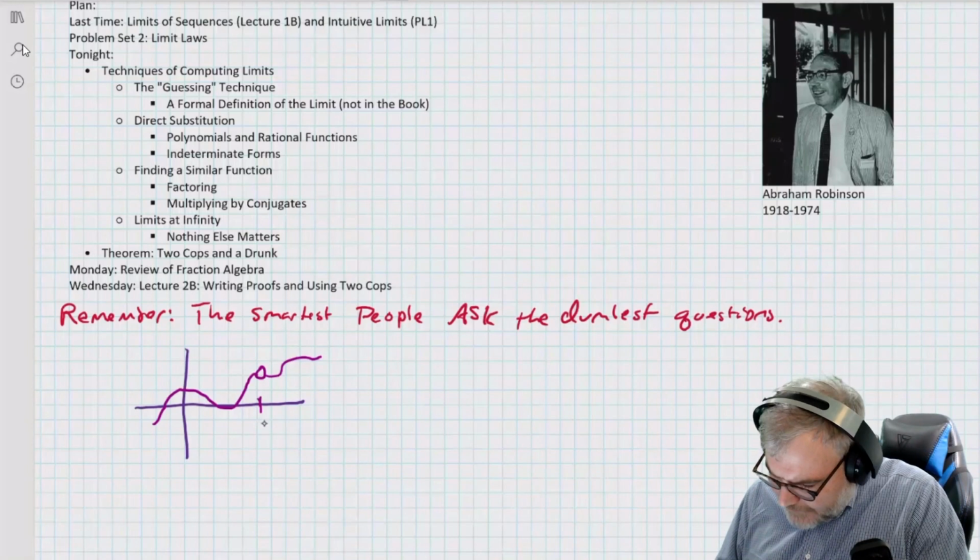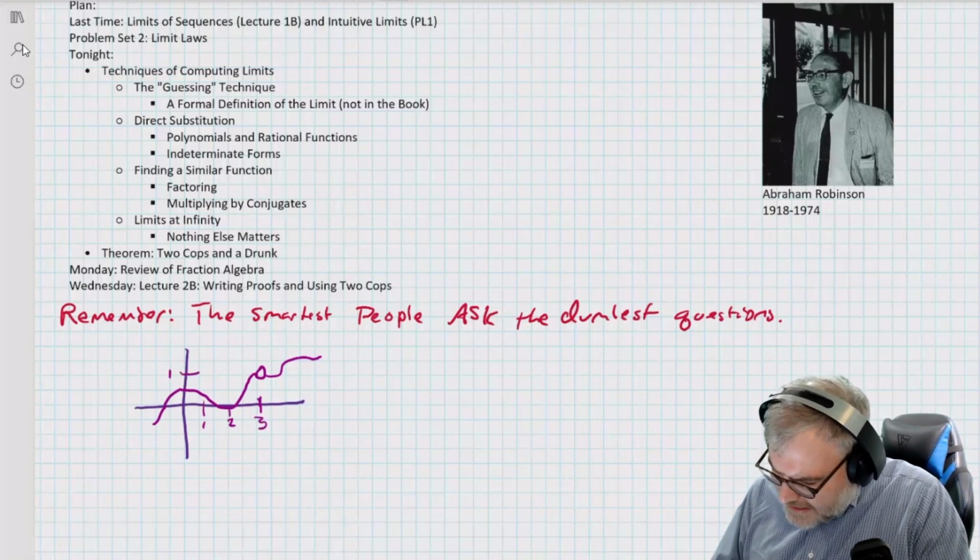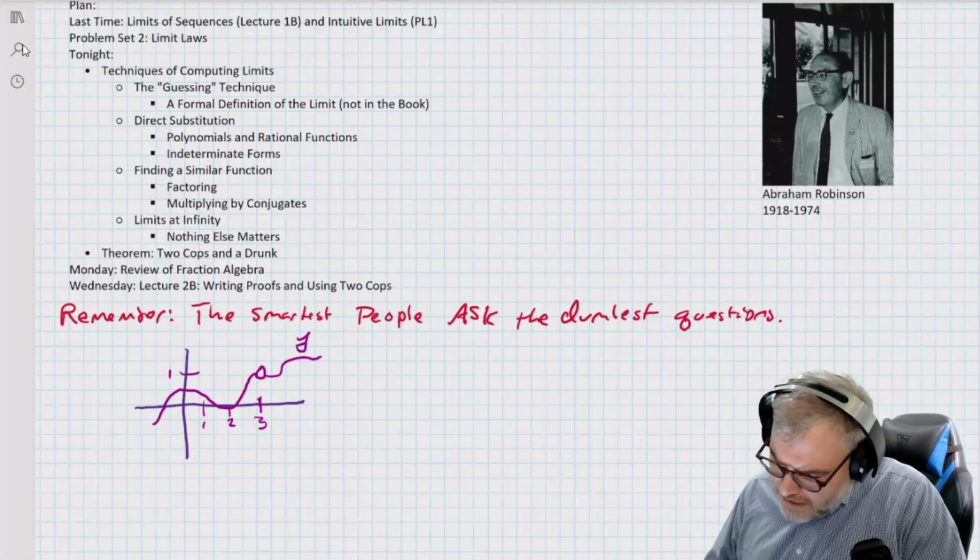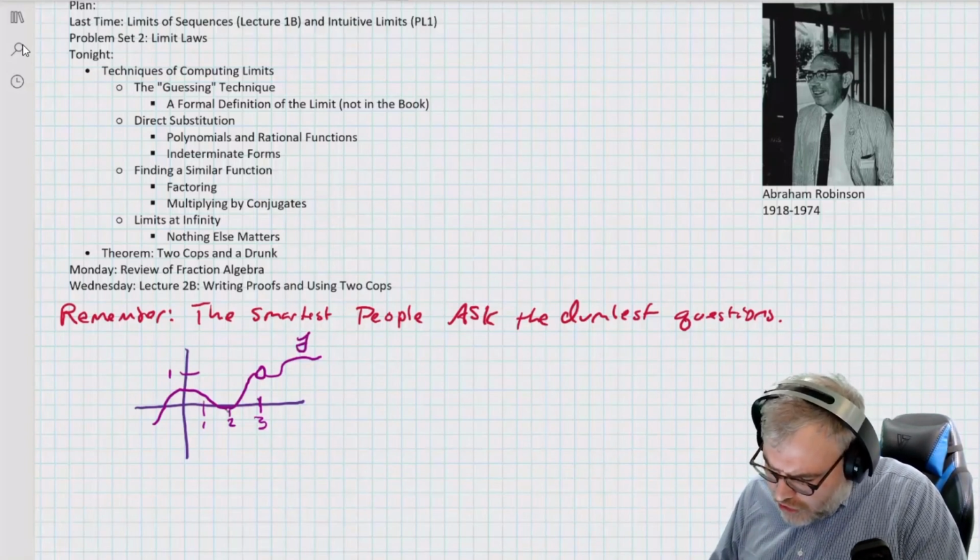This is A. We'll call this 1, 2, and this 3, and then this 1 here. Here's F. And I have this intuitive notion that as I get closer and closer to 3 in the X space, I get closer and closer to 1 in the Y space.